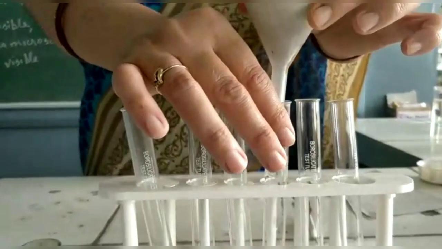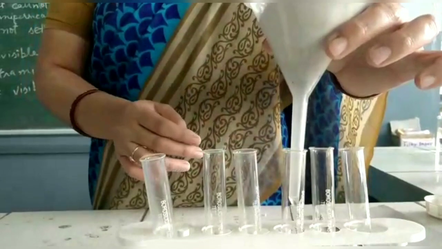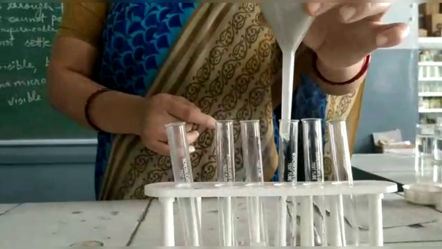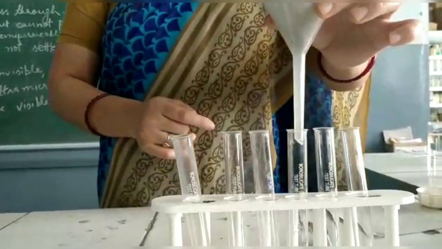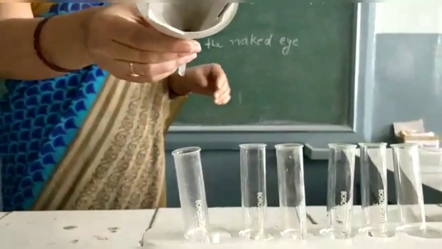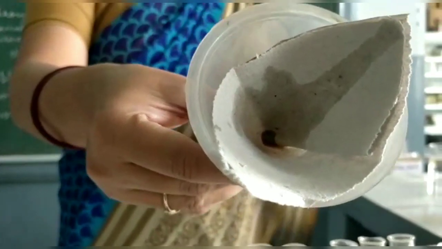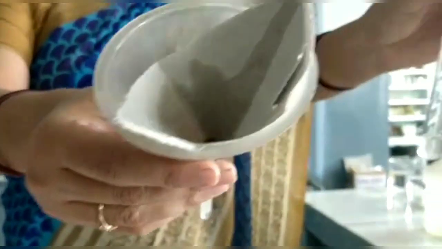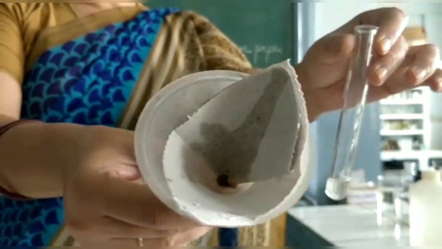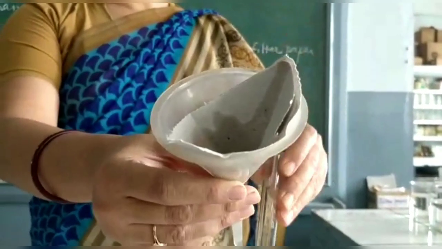So we found that the particles are still there on the filter paper, or we can say that the particles do not settle down completely. I can show you how the particles are left. Can you see on the filter paper? The particles are left. They do not pass through the filter paper. So this is a clear solution after filtering out sand and water, and we are left with the sand particles on the filter paper.